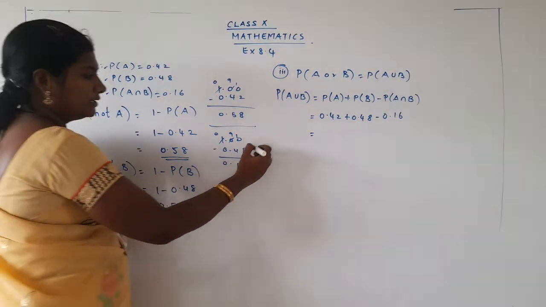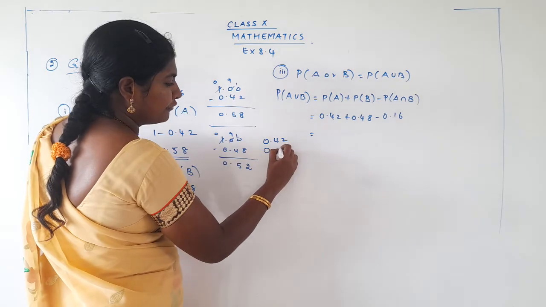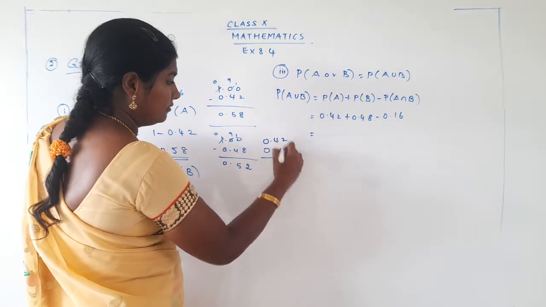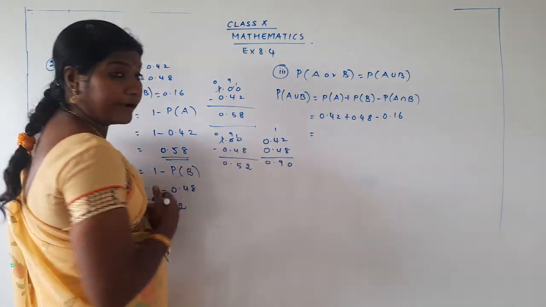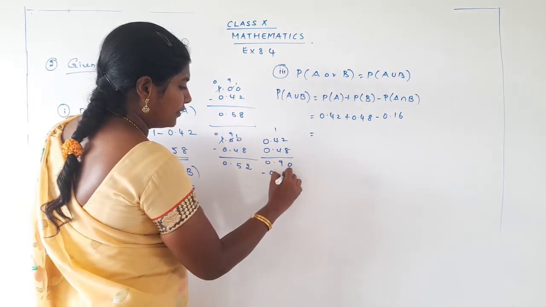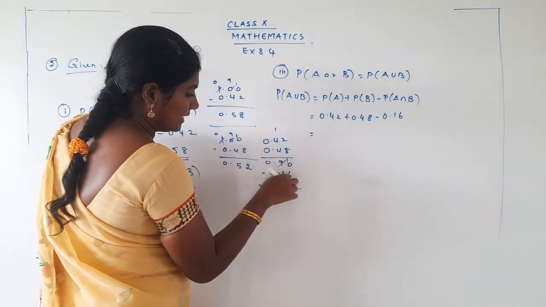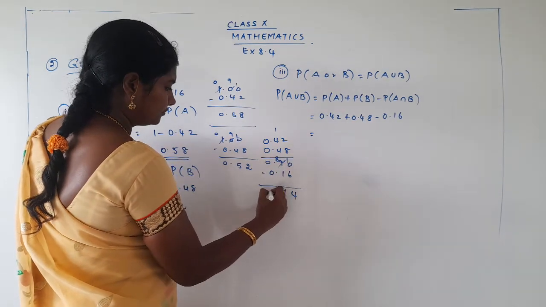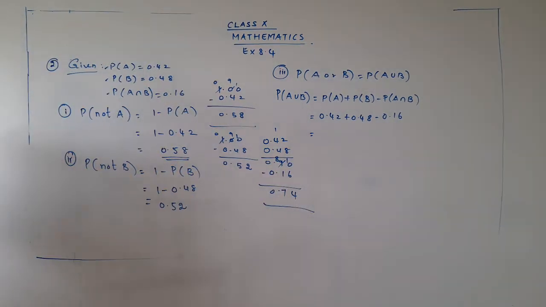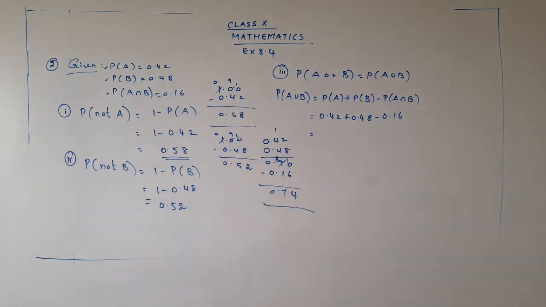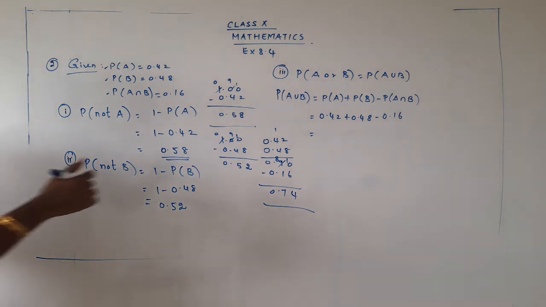I'll do the working here. 0.42 plus 0.48 is 0.90. 0.90 minus 0.16 is 0.74. I hope you are getting the correct answer. So we have found the answer, it is 0.74. Just write down the answer over here.